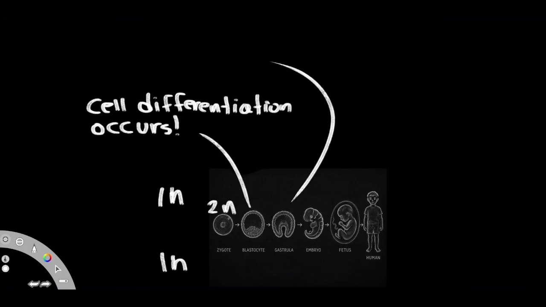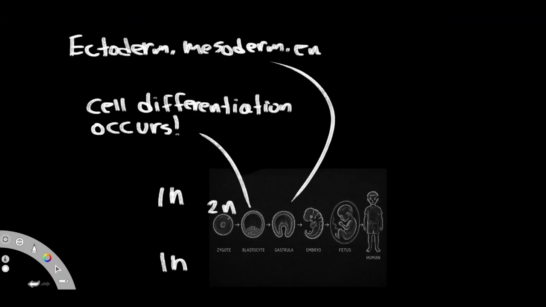Now the gastrula gets even more complex because at this point the ectoderm, the mesoderm, and the endoderm start to form. Why is this important? Because this gets even more grand. The ectoderm forms the external structures, for example, like the skin.